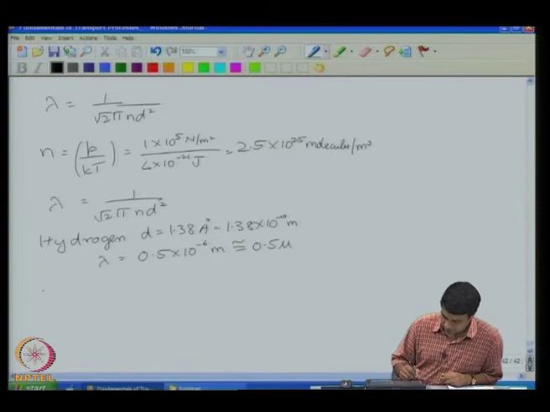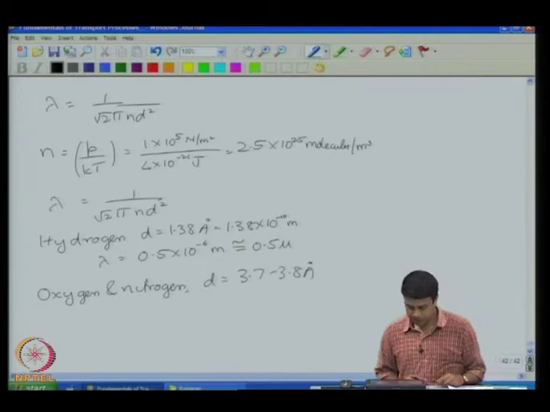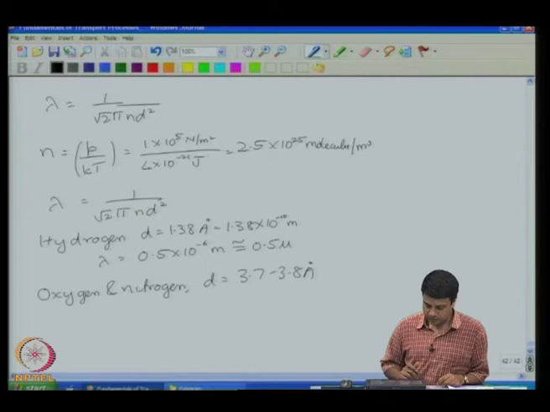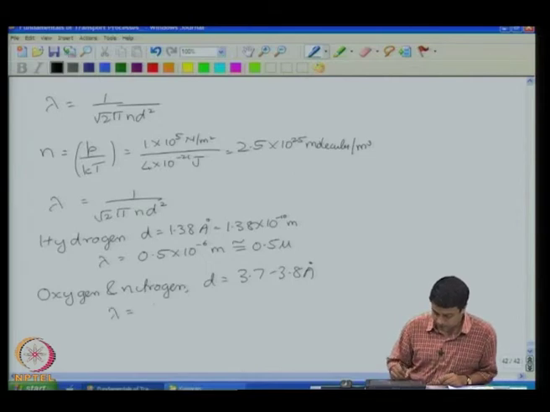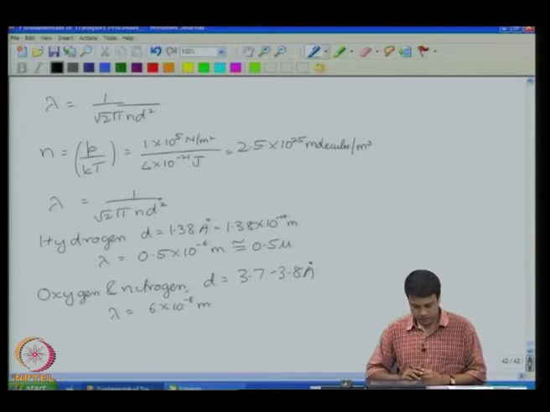For oxygen and nitrogen, the diameter is approximately 3.7 to 3.8 angstroms. If you put this into this formula, I will get lambda approximately equal to 6 into 10 power minus 8 meters, approximately 60 nanometers.